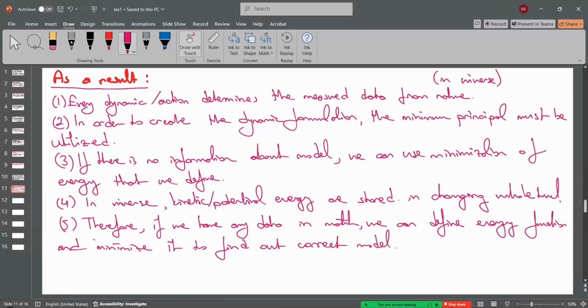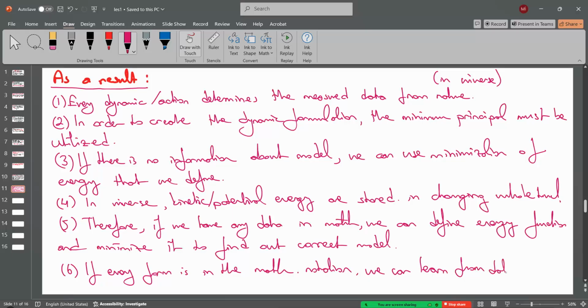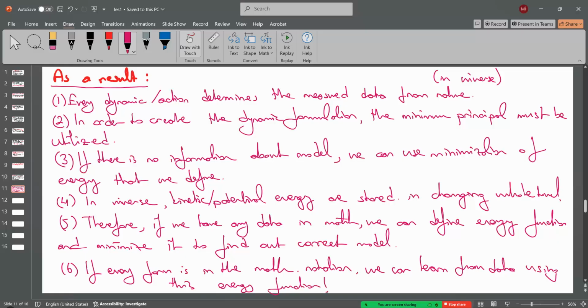Okay, and so in the last place, if every form is in math notation, then we can learn it from data using this energy function. Otherwise we cannot model this kind of information.